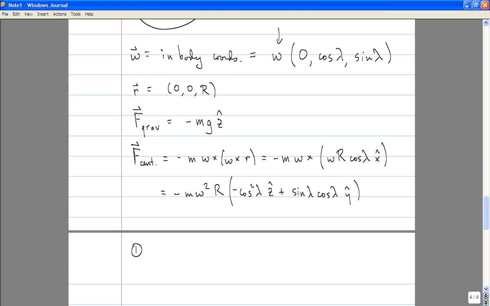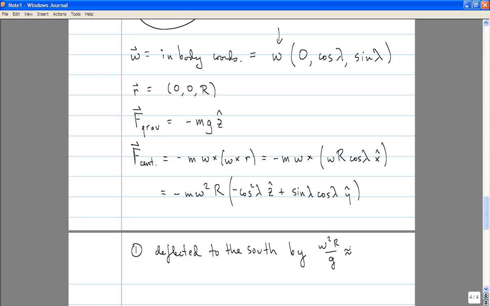The first thing you'll see is that if we have this mass hanging by a string, then rather than pointing exactly towards the Earth's center, it will be deflected to the south, namely in the y hat direction, by an amount which is of order omega squared r over g.